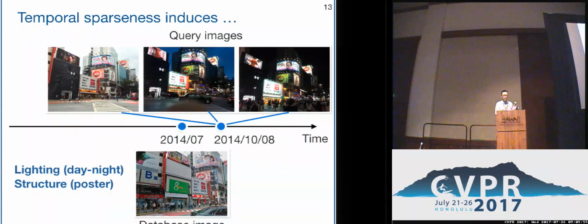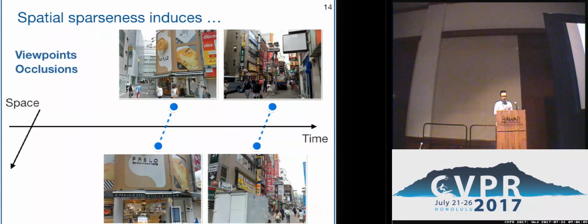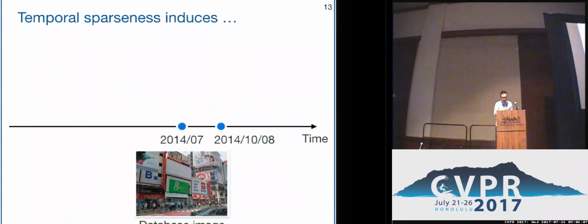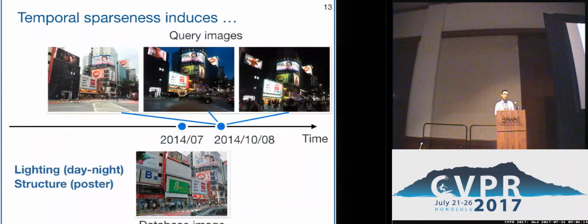Even for short time changes, there will be large illumination changes between day and night or weather conditions. For long time spans, there will be seasonal changes such as tree coloring, snowing, and also structural changes.